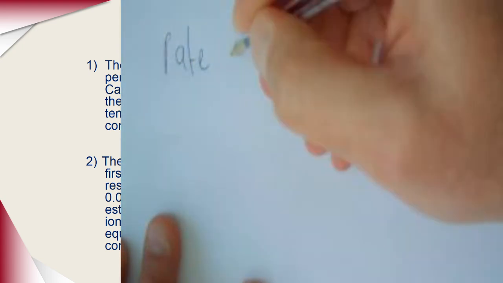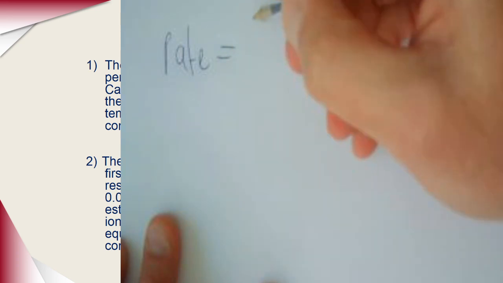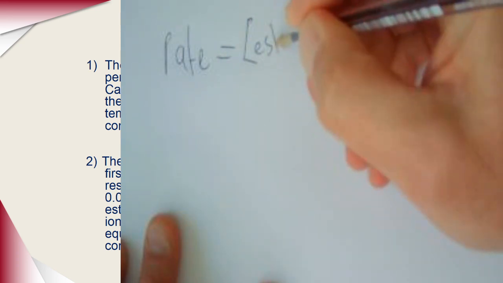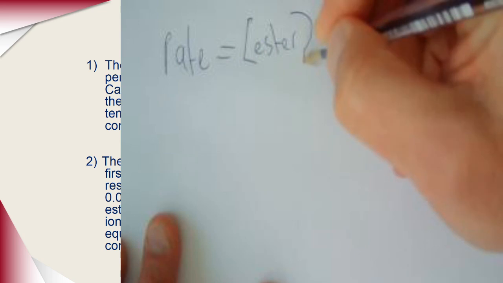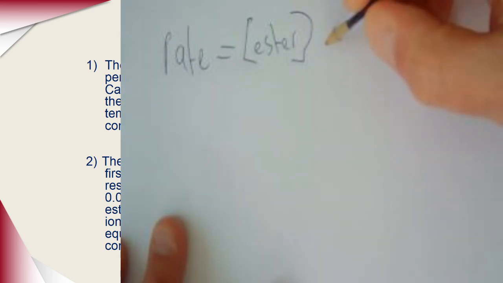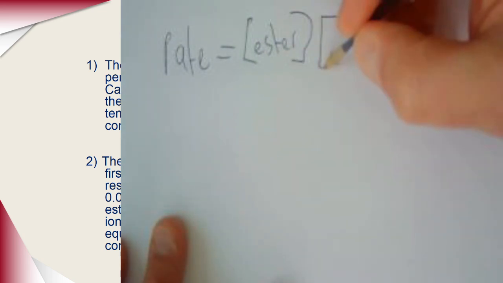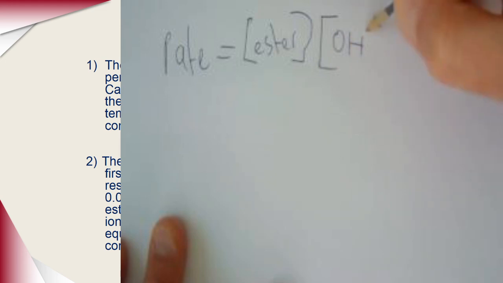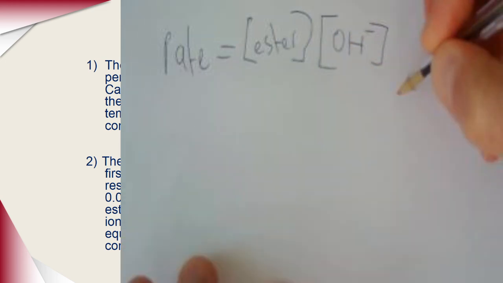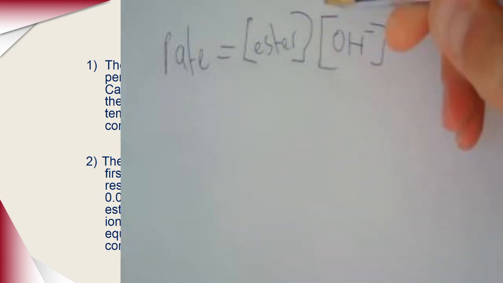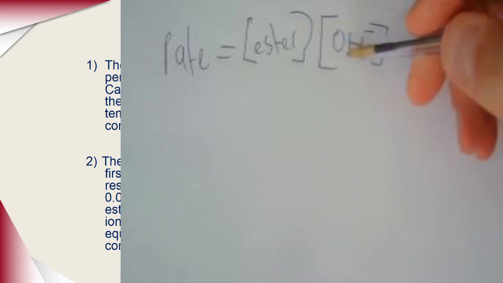Right, so rate is first order with the ester, so we can write rate equals, so we've got the ester and the hydroxide. Remember, the square brackets are the concentrations. I could write ones here, but I'm not going to bother because they're first order.